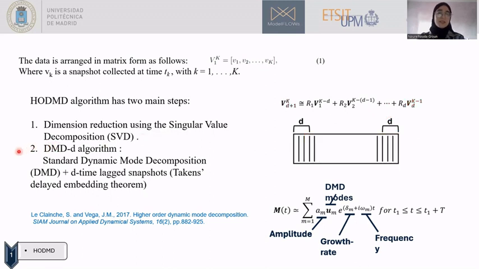The second step is the DMD-d algorithm, which is considered a combination of standard or classical DMD and Takens' delay embedding theorem. In this step, the classical DMD is extended using the delayed snapshots. This was a short introduction to this technique, but a detailed explanation of the tool can be found in this paper, which I will also leave the link to under the description.